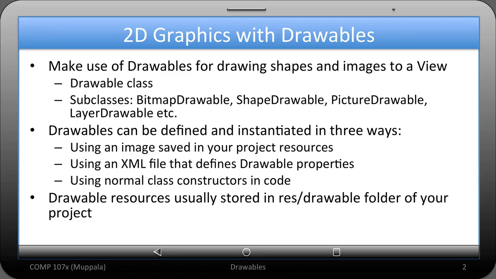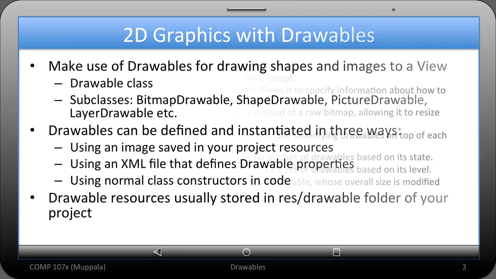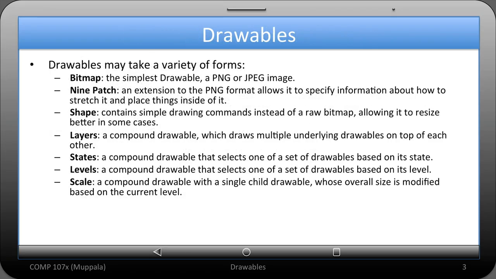The third possible approach is to use Java code within part of your Java class to create the drawables. Now, if you create drawables in the form of XML files or you're using images, they are normally stored in the drawables folder of your resources folder of your project.